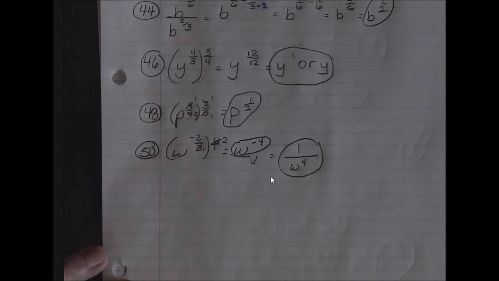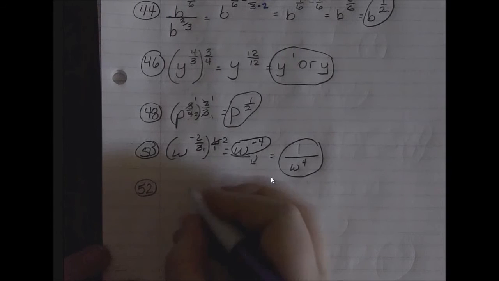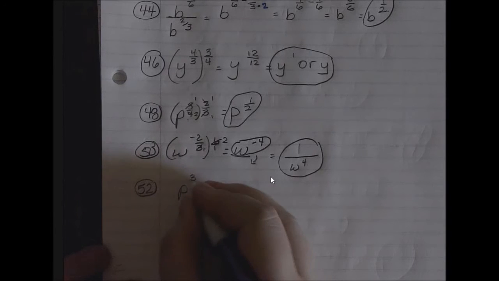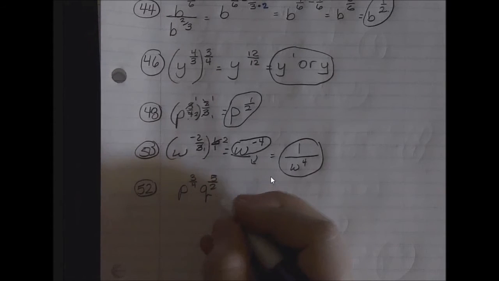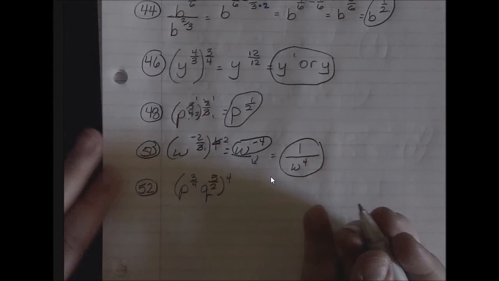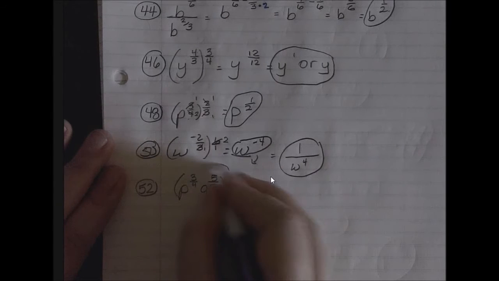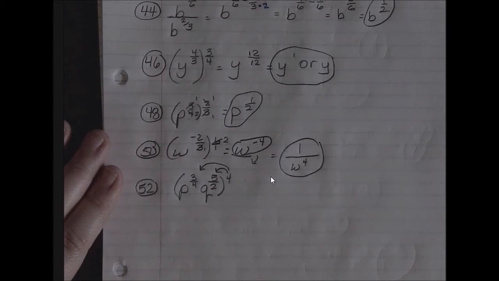52 is slightly different. On 52, I have p to the 3/4, q to the 5/2, all raised to the 4th power. So what we actually have to do is distribute this 4, which means to multiply, and we're going to multiply that by every exponent inside of the parentheses.